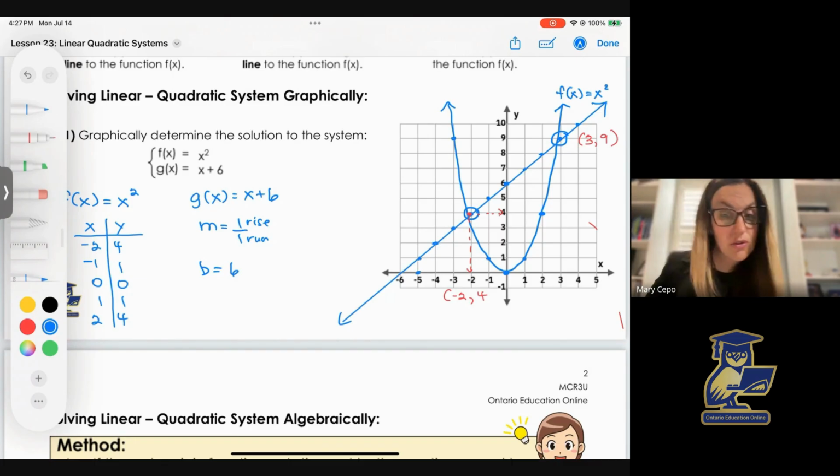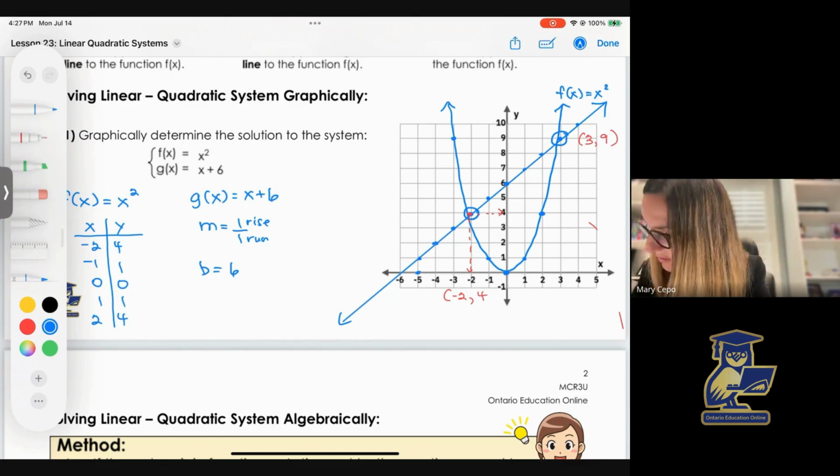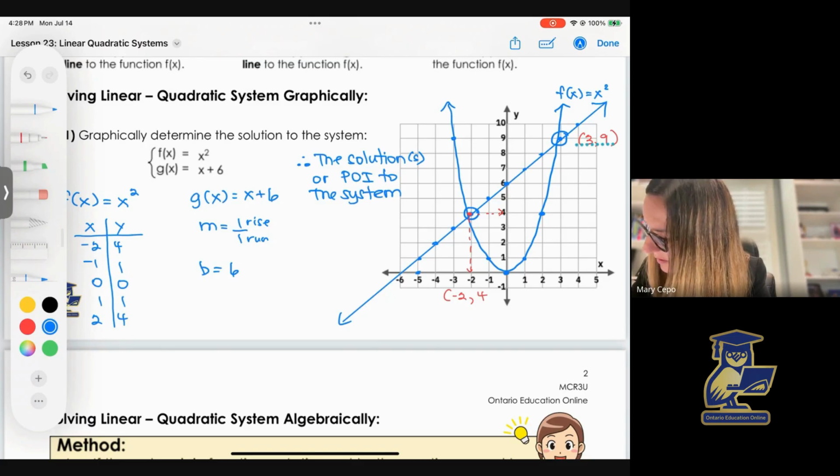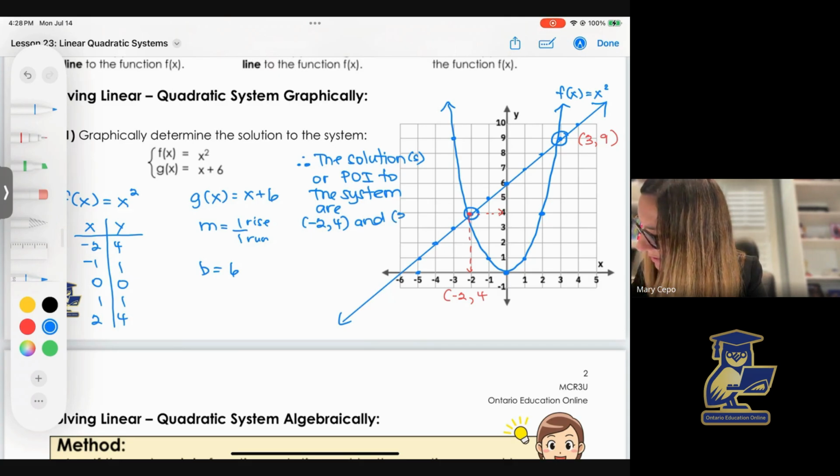Okay, so therefore, don't forget your therefore statement. So therefore, the solution, or we're going to say, the points of intersection to the system are, from left to right, (-2, 4) and (3, 9).